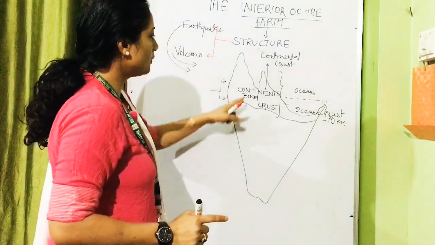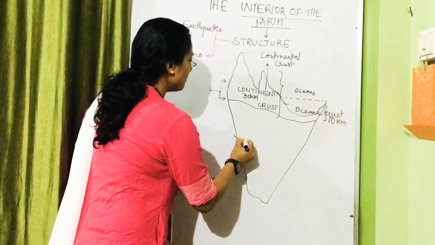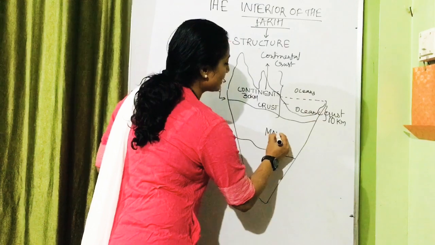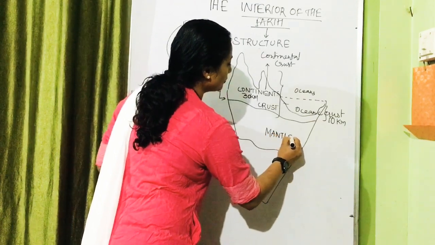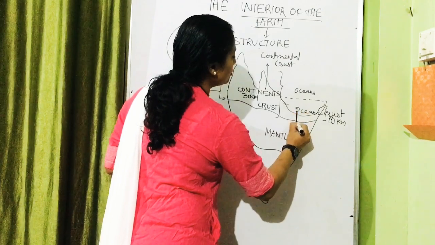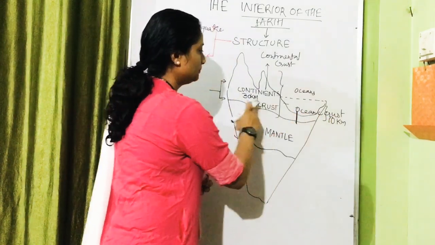So the layer which lies below the crust is the mantle layer. If you need to reach the mantle layer, it will be easy to drill the earth from the oceanic crust because you have to travel only 10 kilometers.